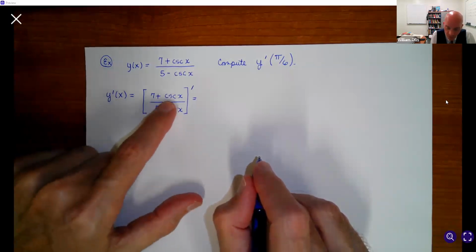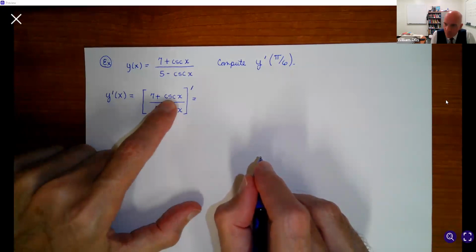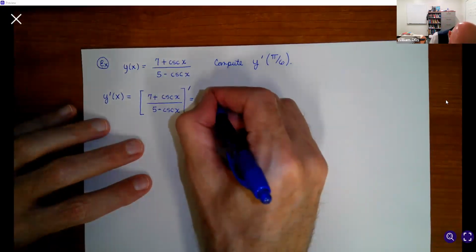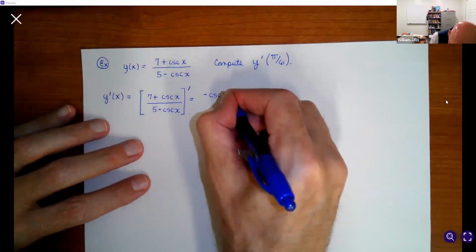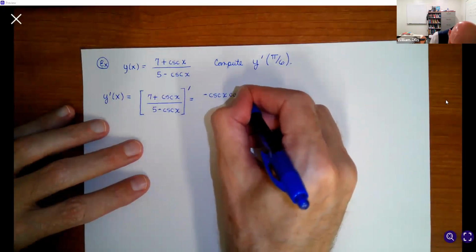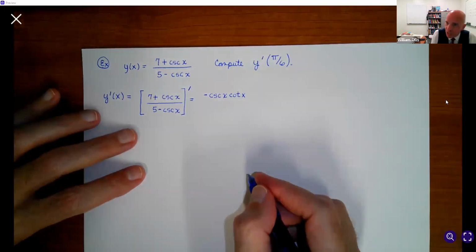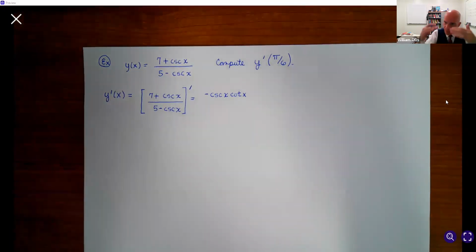In the numerator, the derivative of 7 is 0, but we know the derivative of cosecant is negative cosecant cotangent. So we have negative cosecant cotangent, and we'll do this with the definition of the product by putting both of the x's in. That's usually the nature of doing this when you're less formal.